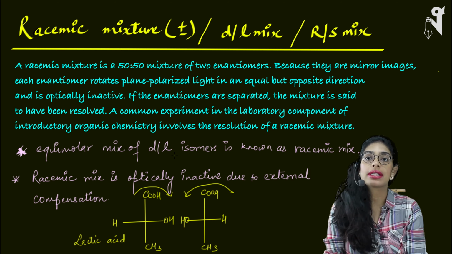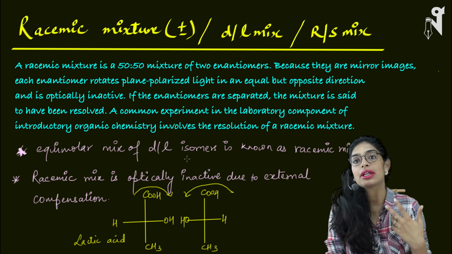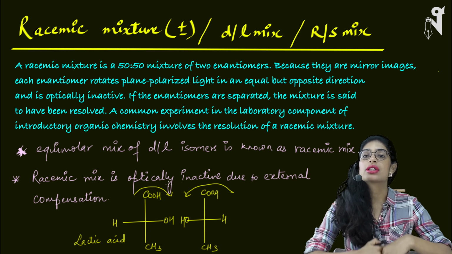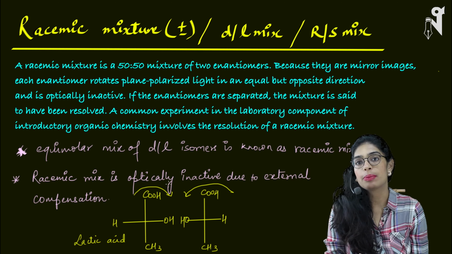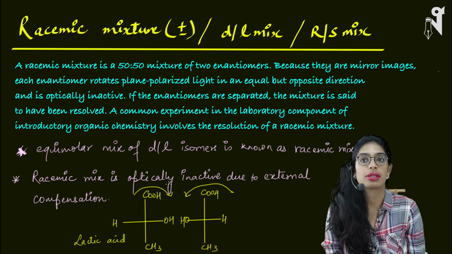When the plane polarized light comes out, it shows as if no optical activity has happened, with no effect on the plane polarized light and hence no deviation. Such mixtures are called racemic mixtures.